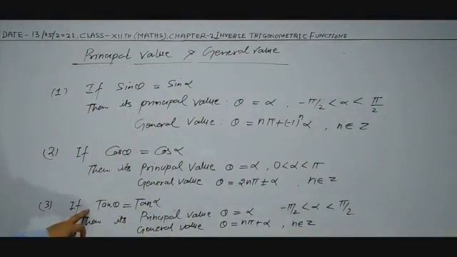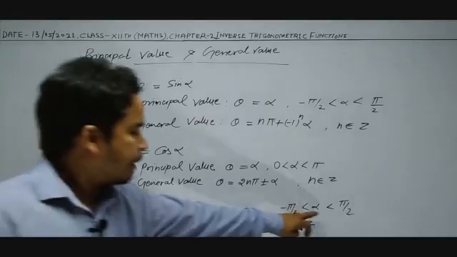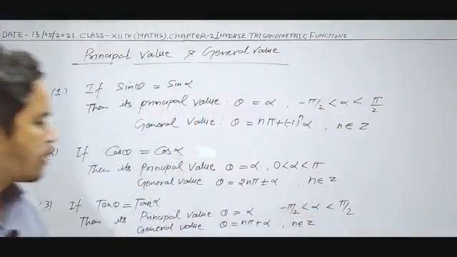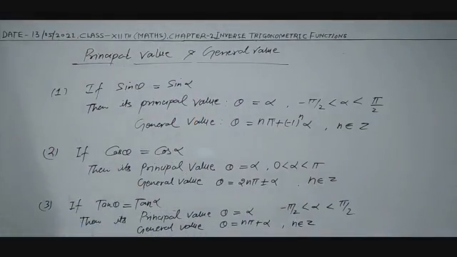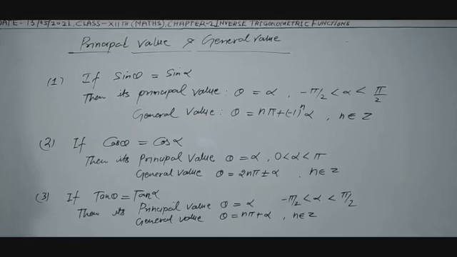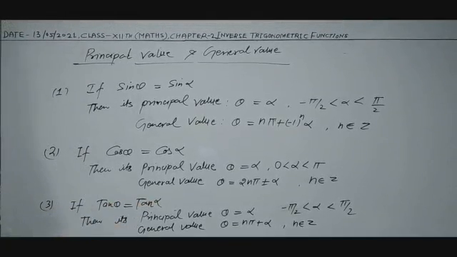Similarly, for tan theta is equal to tan alpha, its principal value will be between minus pi by 2 to plus pi by 2, and its general value will be theta is equal to n pi plus alpha. You already studied this in class 11th. So this is the principal value and general values.